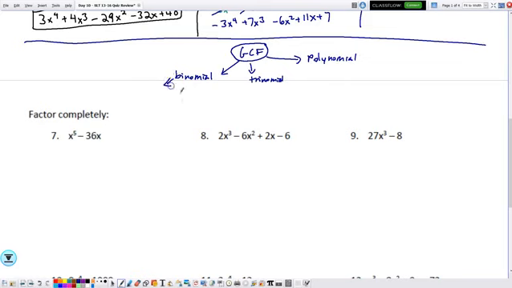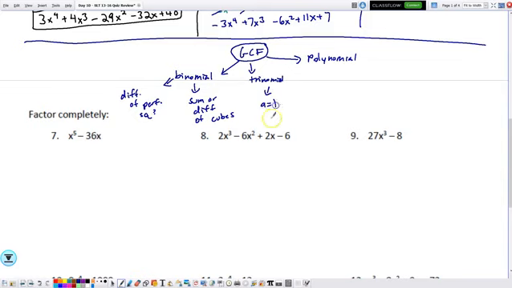If it's a binomial, we have 2 options. Maybe it's the difference of perfect squares. Maybe it's the sum or difference of cubes. And that's where we would use SOAP and square the first, multiply them together, square the second. Now, if it's a trinomial, we have 2 situations.